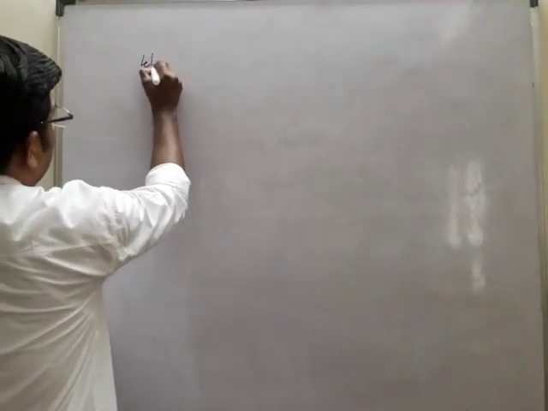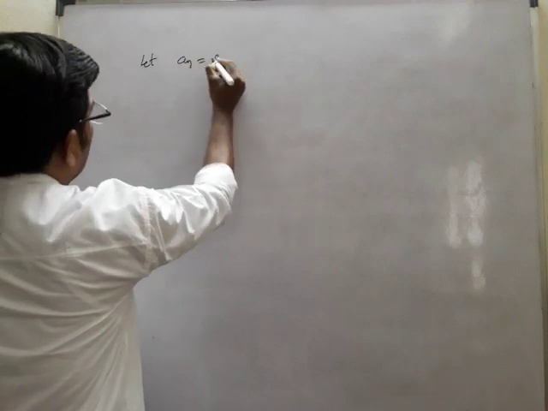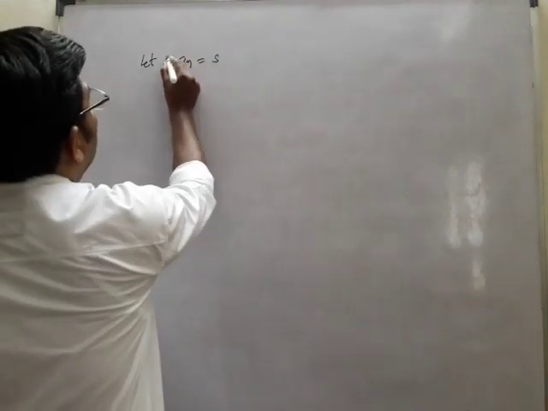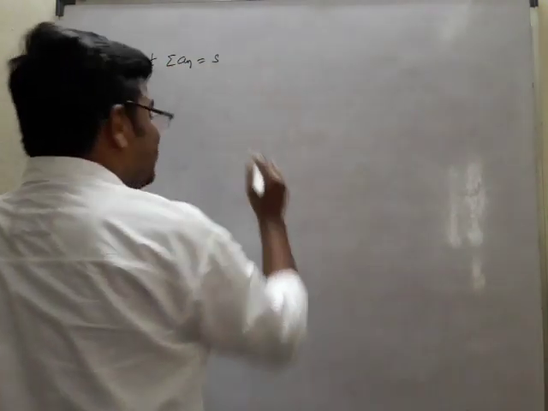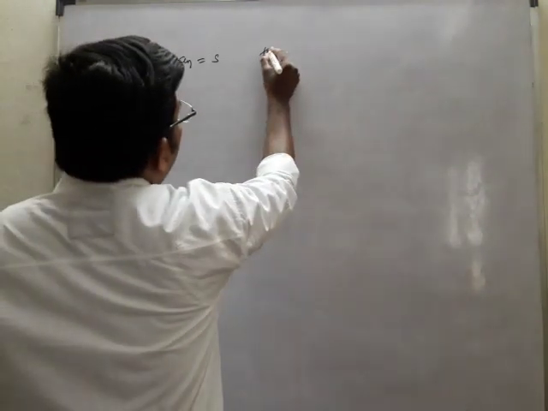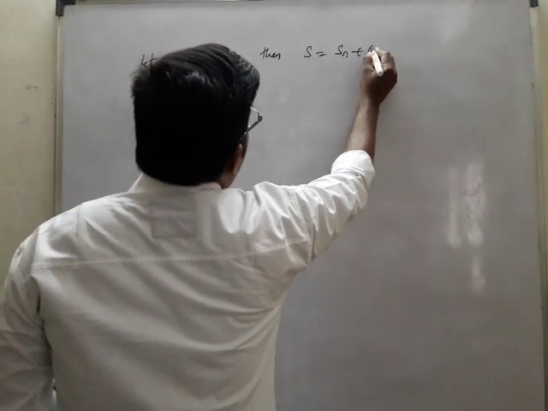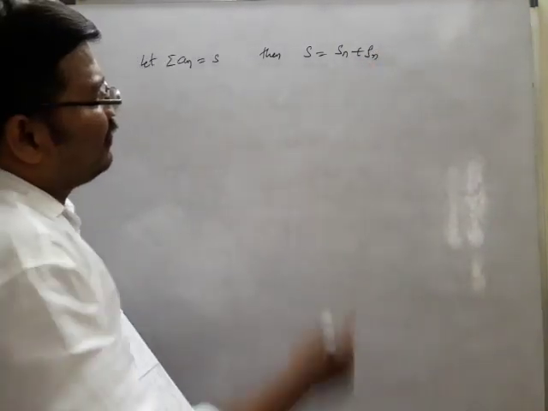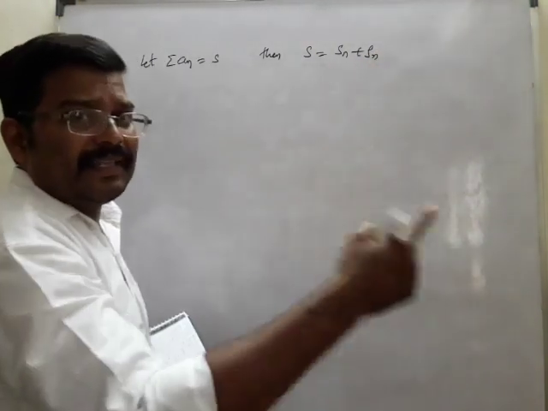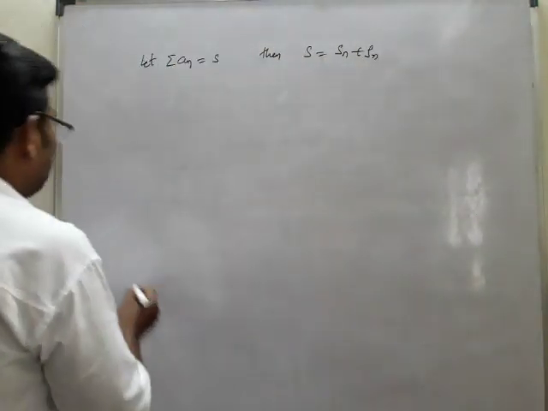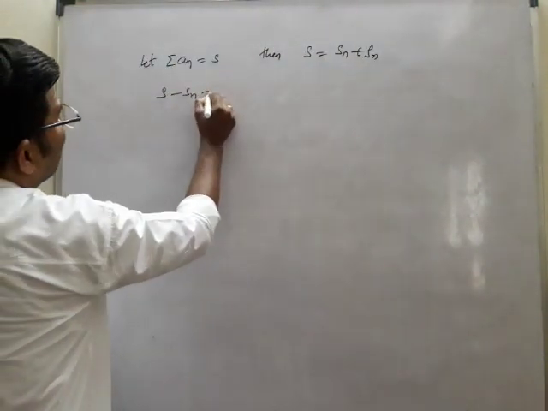Now let the sum of an be equal to S, meaning a1, a2 and so on. Then S is equal to Sn plus rho n. Rho n we have already taken: it is the terms after the nth term, meaning n plus 1, n plus 2 and so on. And S minus Sn is equal to rho n.